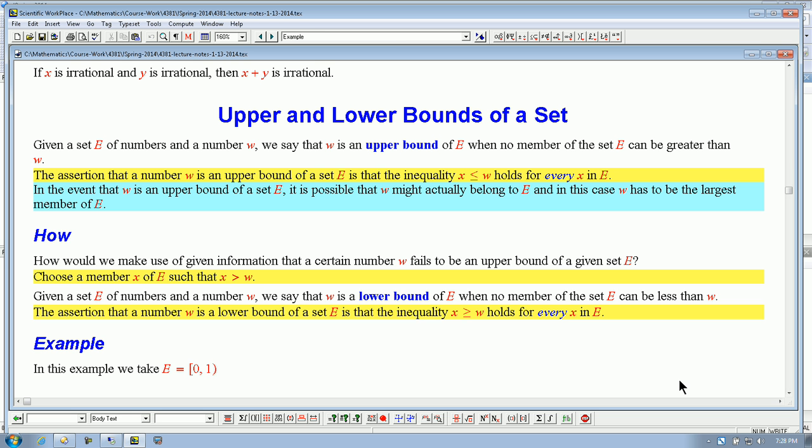Yes, that's a definition. I could have written, in this example, we define E equals that interval. In this example, we write E equals that. Okay?